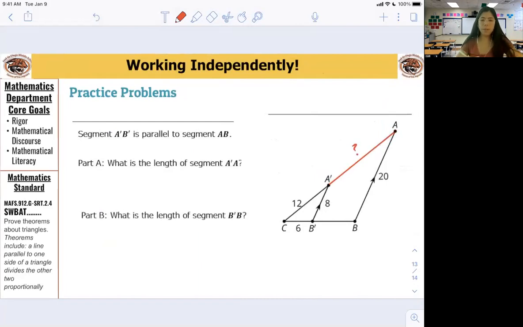Who would like to set up a proportion for us? Anyone?